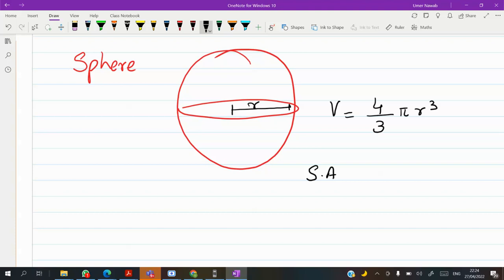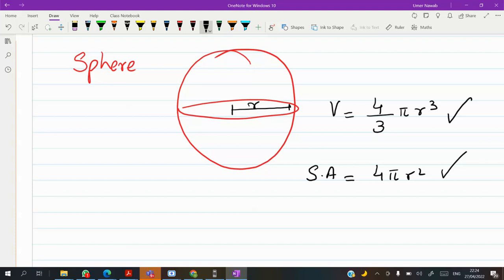I didn't say total surface area because this is only one covered thing which covers the whole sphere. So that's why the formula for surface area is 4 pi r squared. Now, the interesting thing is these two formulas will be provided in the IGCSE exam.